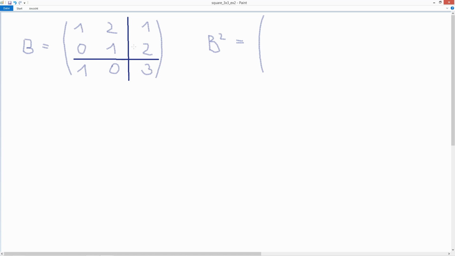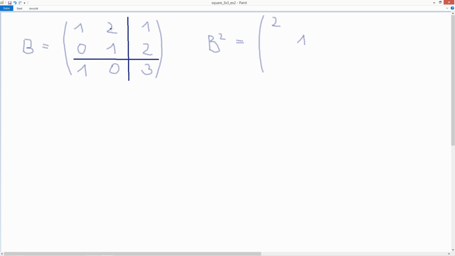So we have to calculate for this first entry here 1 squared plus 2 times 0 plus 1 times 1 is 2. For this entry here, we have to square 1, which is 1, plus 0 times 2 is still 1, plus 2 times 0 is 1.